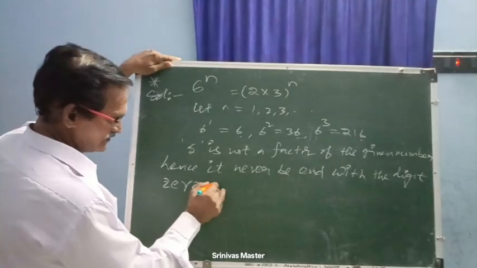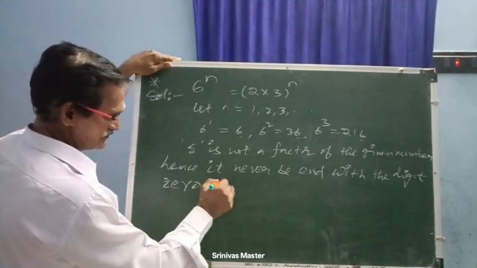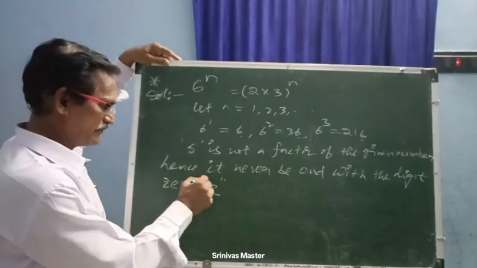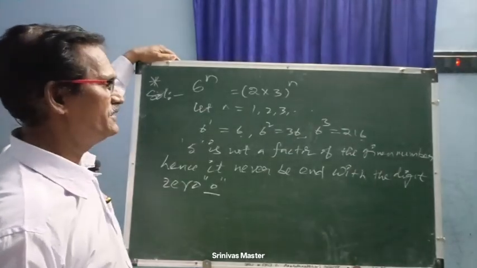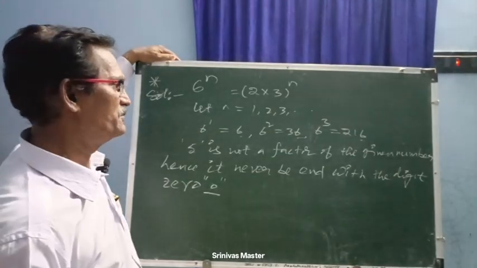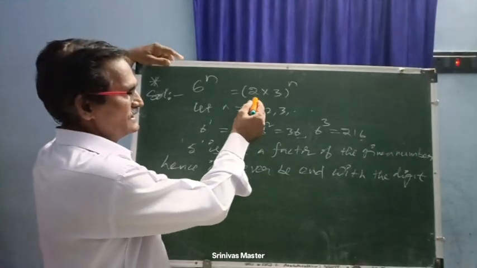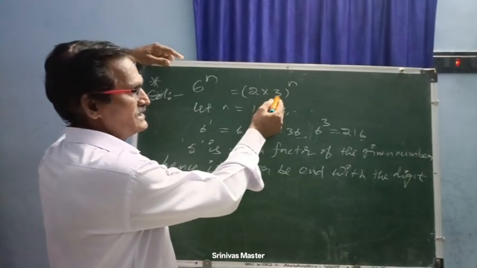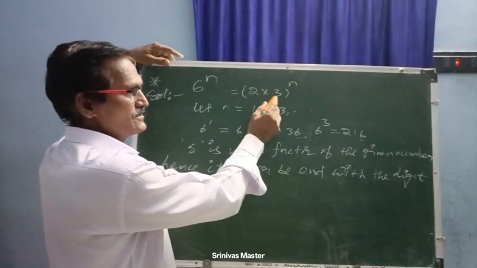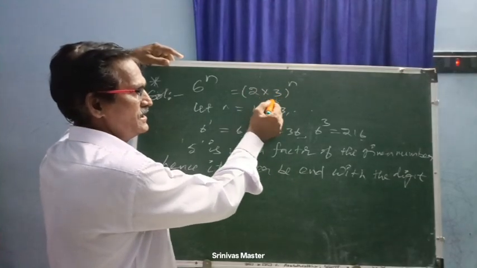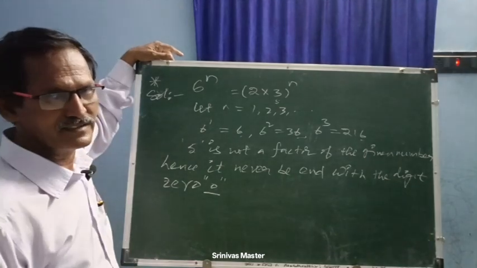Okay, children. It is possible only for multiples of 5, but there is no such multiple. Suppose in the place of 3 you take 5, how much will it be? 2 fives are 10.